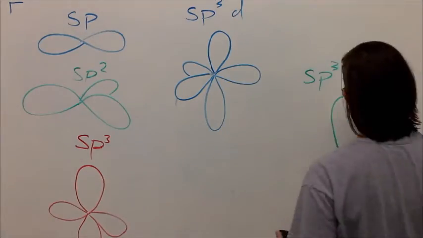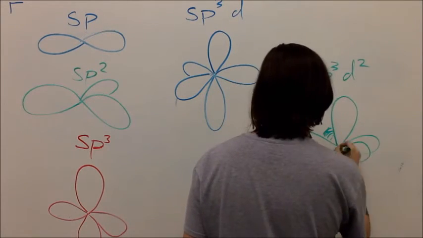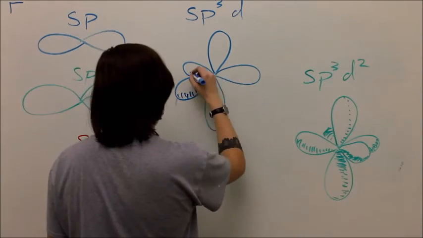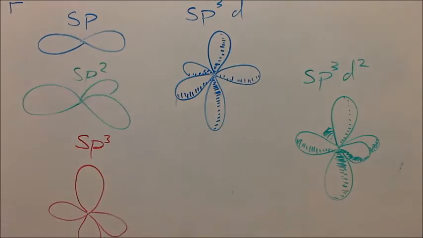And sp3d2 hybridization proposes molecules having octahedral electron group arrangements use 2 d orbitals to form hybrids.